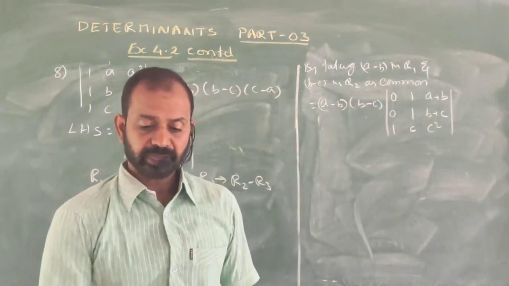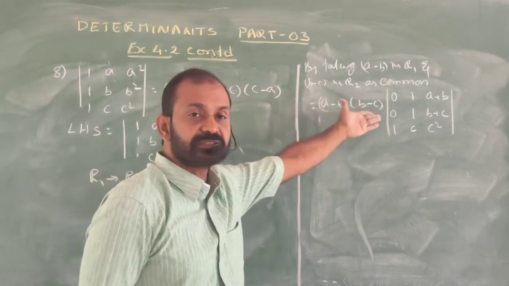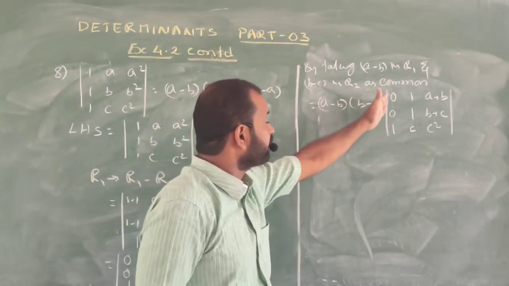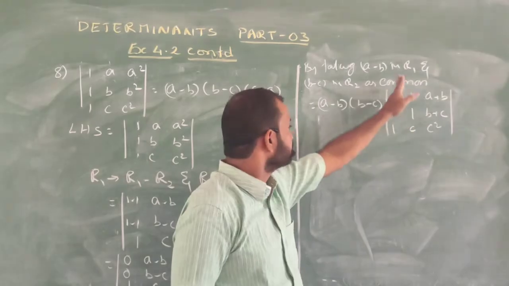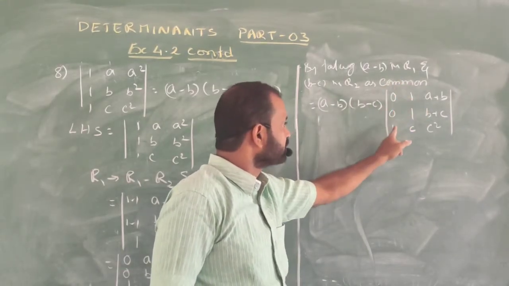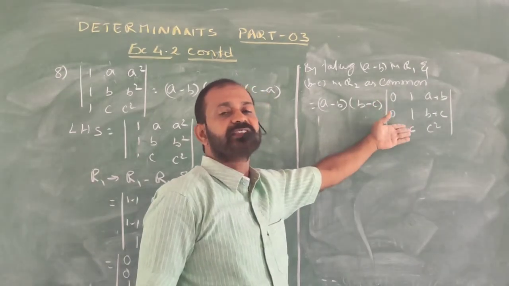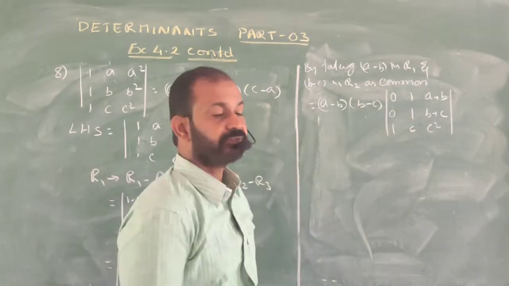When two elements of any row or column become 0, I can expand this determinant by using that row or column. Here in the first column, two elements are 0, so I expand this determinant by using the first column.